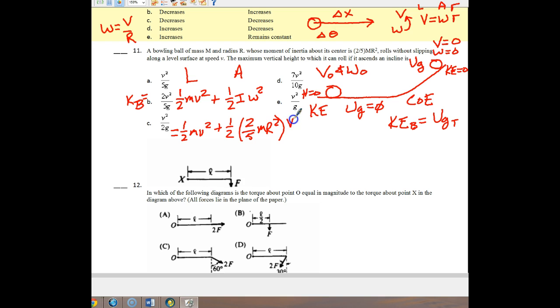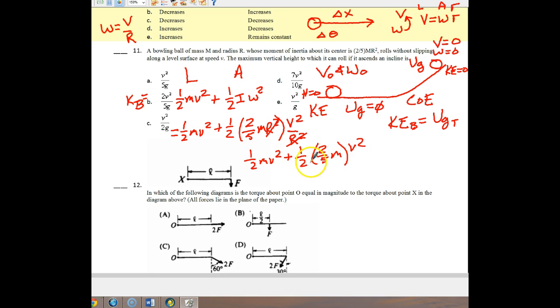So that would be v squared over capital R squared. So that's what this is. This term right here is now this term. We can go ahead and cross some things out now. So we're going to cross off the r squareds, leave the m's. And now we have 1/2 mv squared plus 1/2 times 2/5 m times v squared.